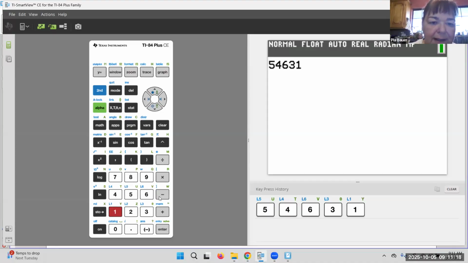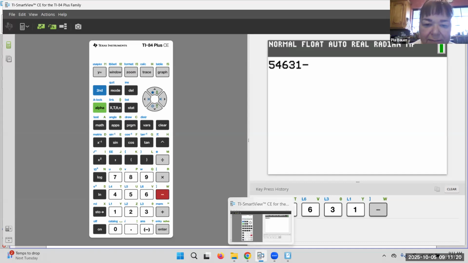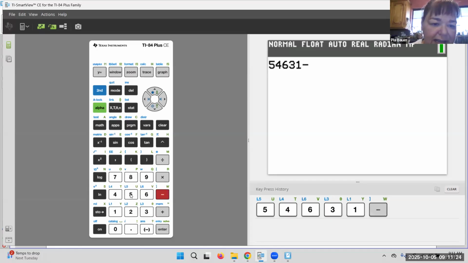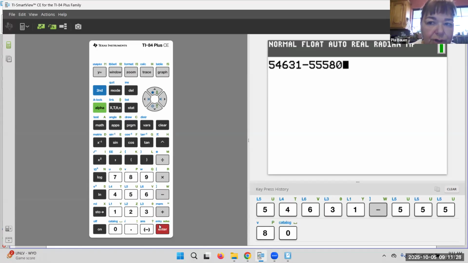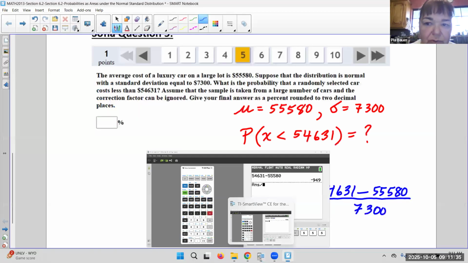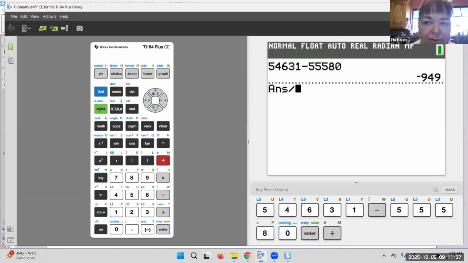So I'm going to take 54,631 minus the mean, and that is 55,580. Subtract, and then divide by the population standard deviation, which is 7,300.